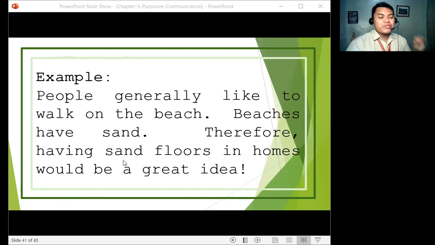So if you just put sand floors in your homes, therefore people living in that home will generally like to walk. There is a misconclusion. Okay, there is a wrong conclusion in part of this.